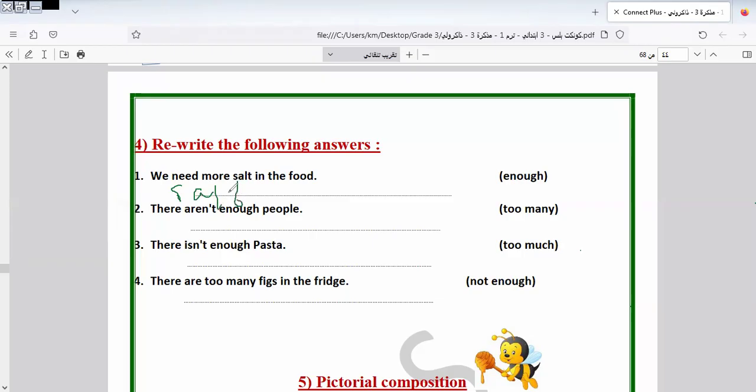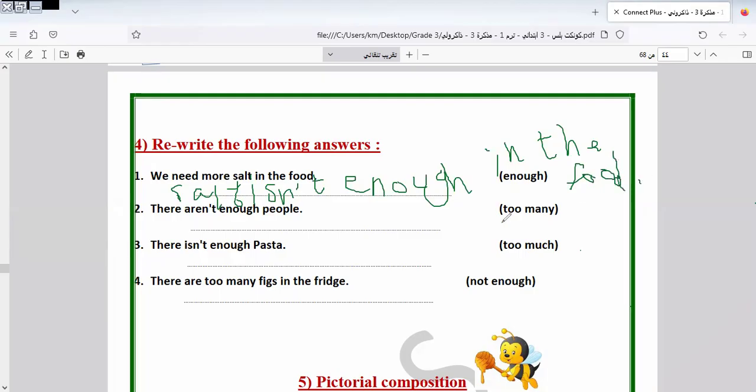Salt isn't enough in the food. Then I put what? I put a full stop at the end of the sentence.